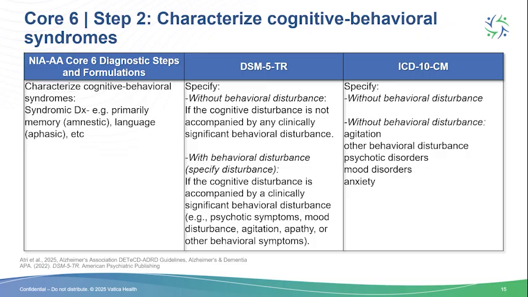So DSM-5 instructs to determine if the disorder is without behavioral disturbance or with behavioral disturbance. And if there's behavioral disturbance, ICD-10 aligns and has a code for 5 broad categories: agitation, other behavioral disturbance, psychotic disorders, mood disorders, and anxiety.